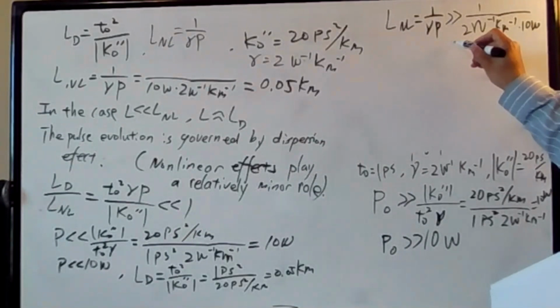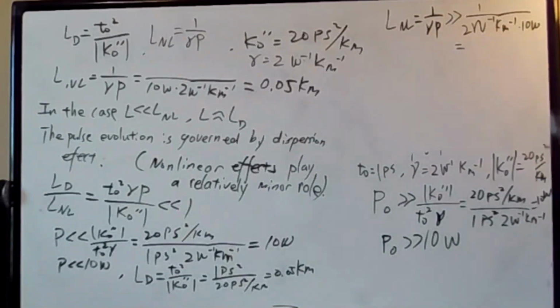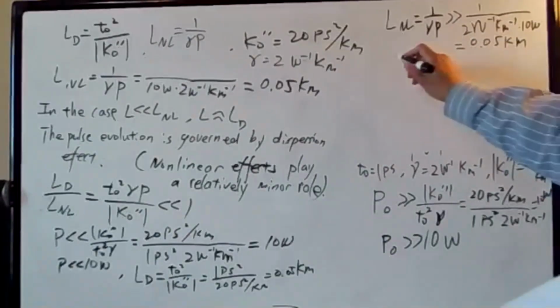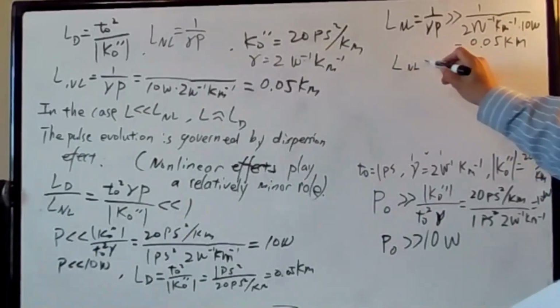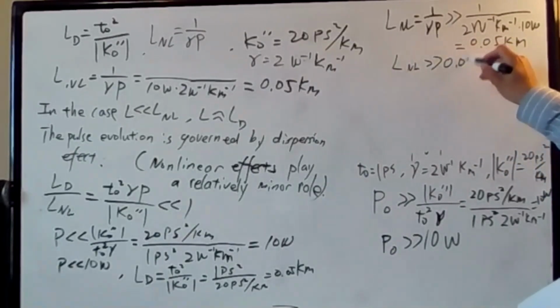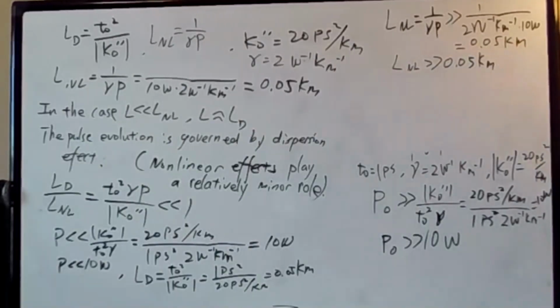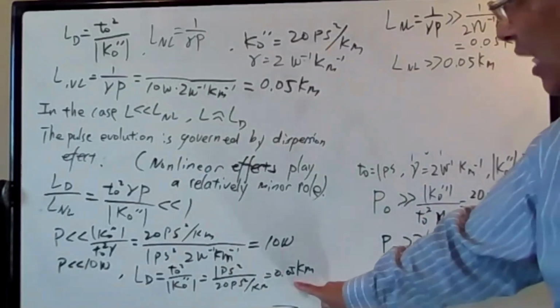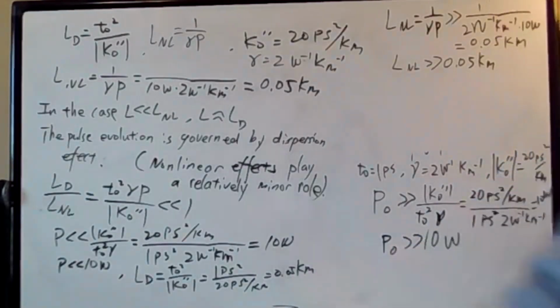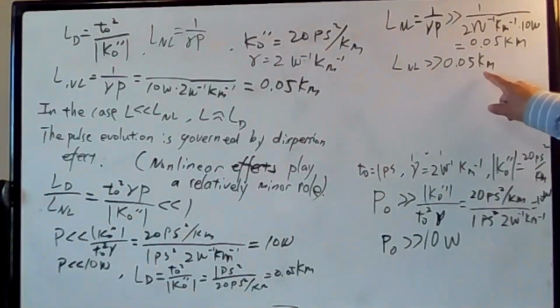This value would be 0.05 kilometer. So the nonlinear length would be way greater than 0.05 kilometer. In this case, L_D is 0.05, and the nonlinear length is way larger than 0.05.